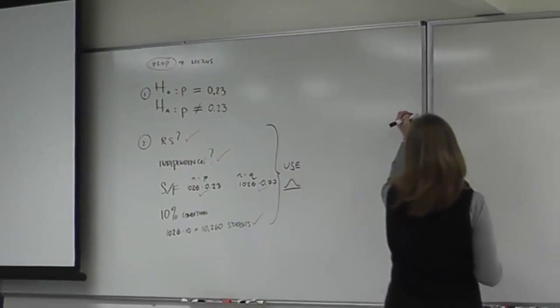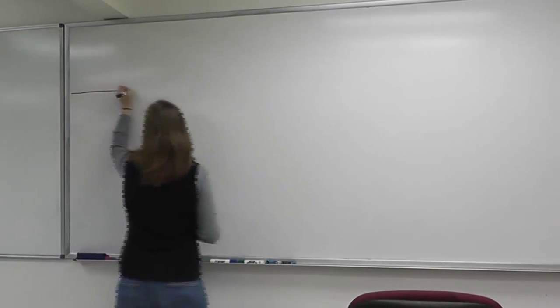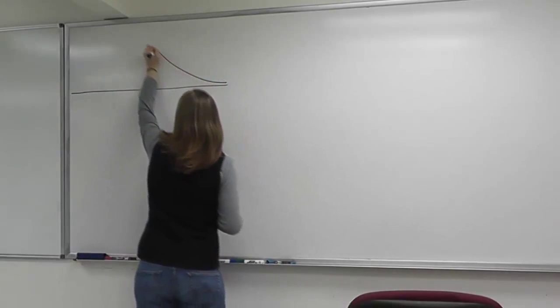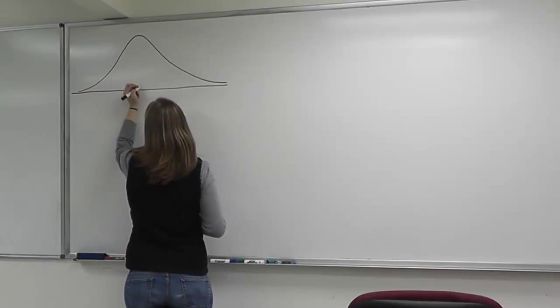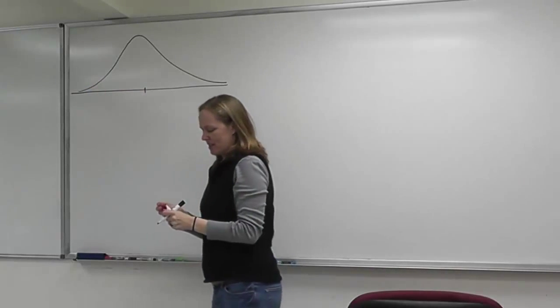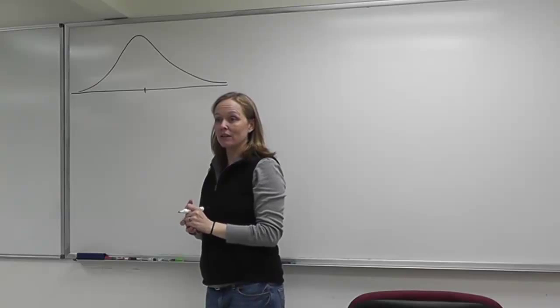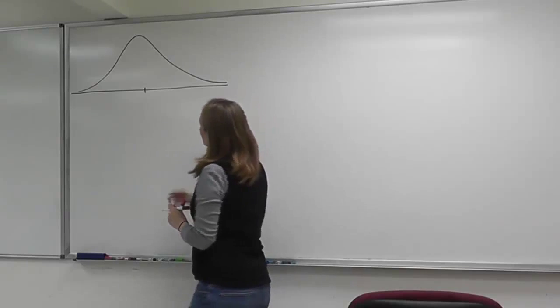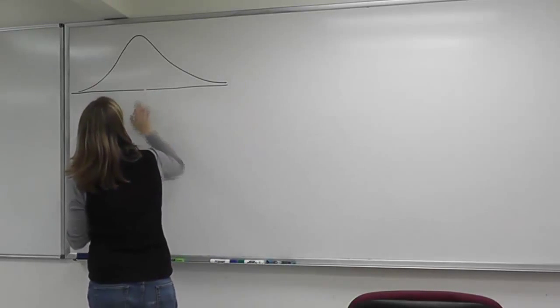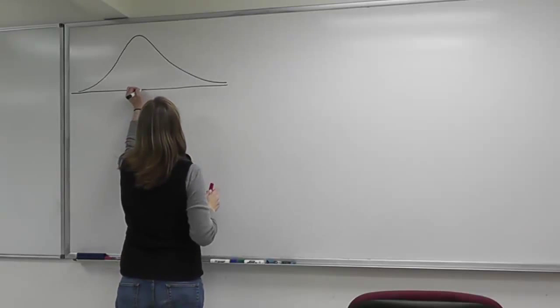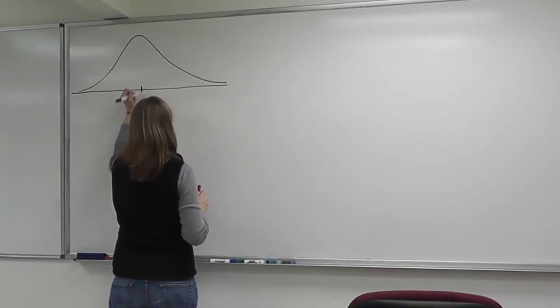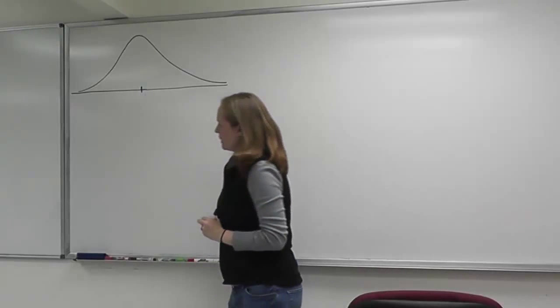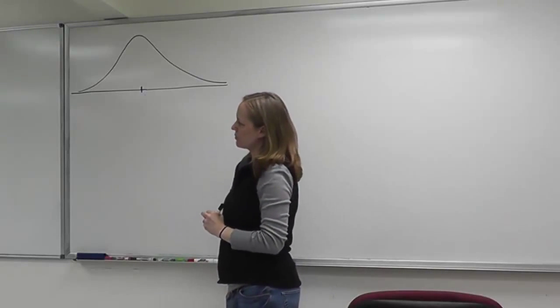Excellent. This is the last one I'm going to draw out for proportions. And then from here on out, I'll probably just use StatCrunch. So what goes underneath the middle of this distribution?